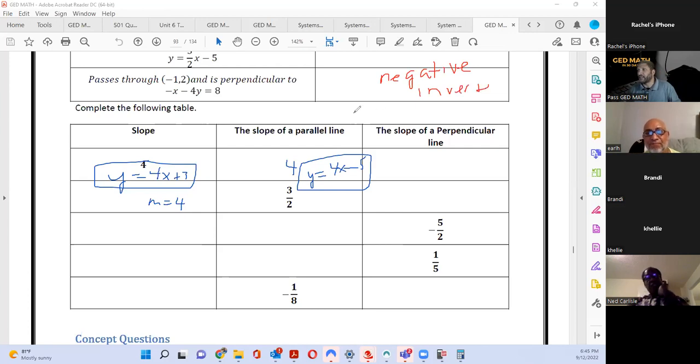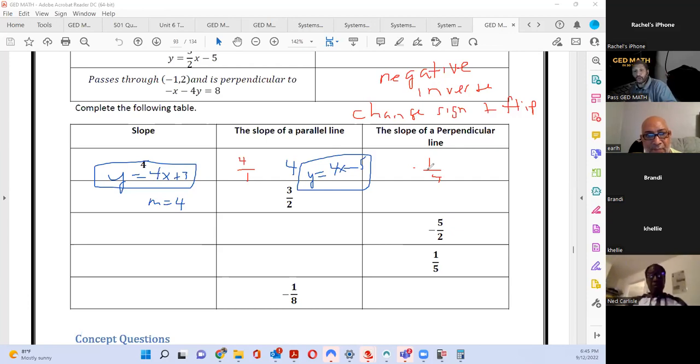In layman's terms, change the sign and flip. So what would be the slope of any perpendicular line if the slope is 4? Negative 1/4. Why? Because 4 is the same as 4/1. If I flip it, I get 1/4, and I change the sign from positive to negative, so negative 1/4.